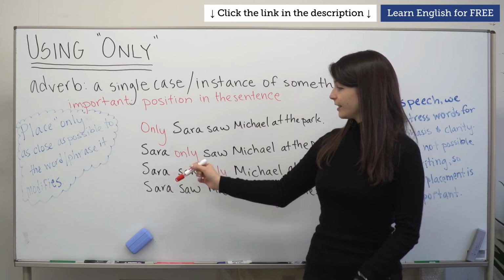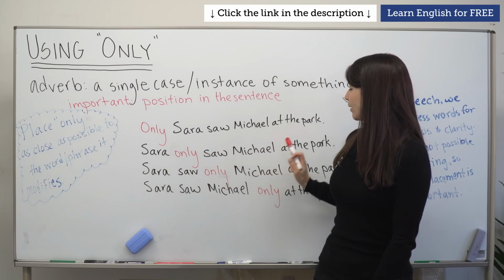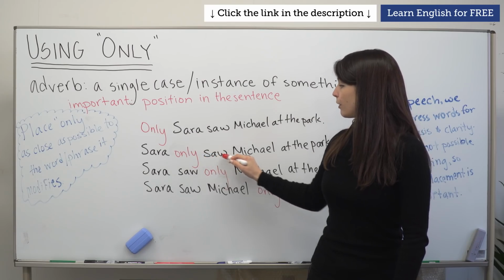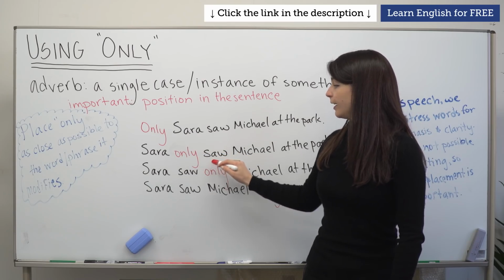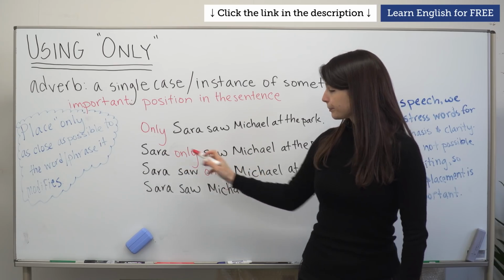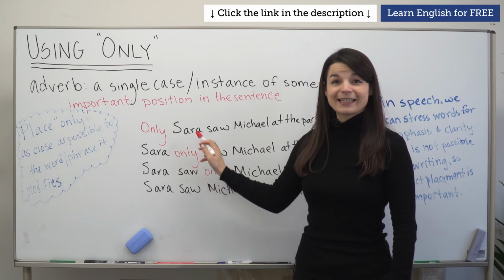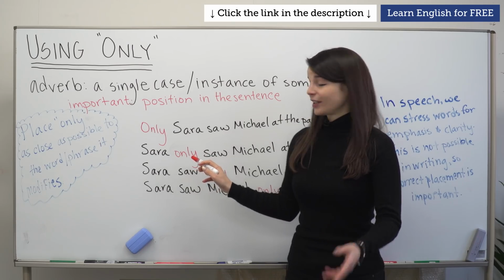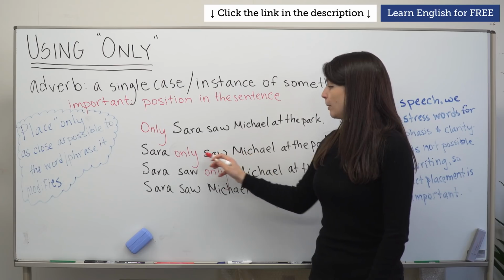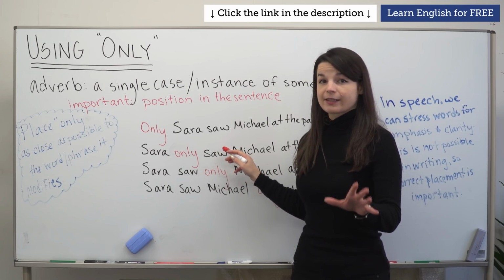Let's look at the next sentence. Sarah only saw Michael at the park. So here, only is coming before the word saw. So in this case, it's modifying this verb, saw. This sentence, therefore, means that Sarah, the only thing Sarah did, her only action, was to see. She only saw Michael at the park, meaning no other actions happened.